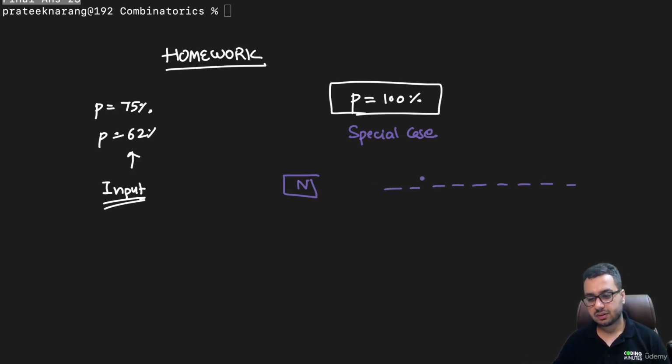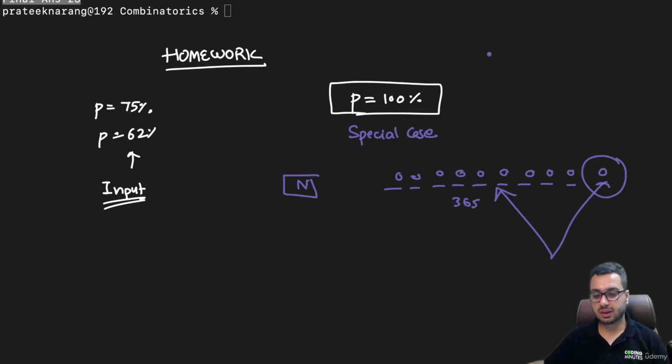If I have 365 buckets, and if I put 366 people inside the hall, then at least two people are going to have the same birthday. So you can have input as if p is equal to 1, then you can cout 366. This is going to be a special case that you should be able to handle. And that's it for this lecture.